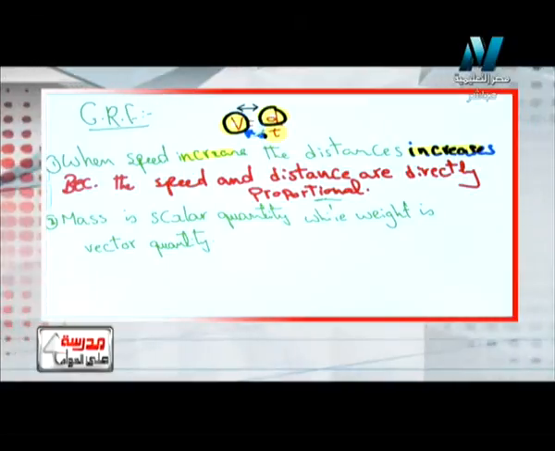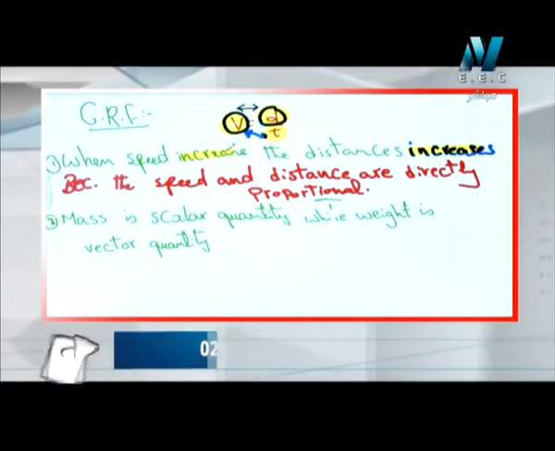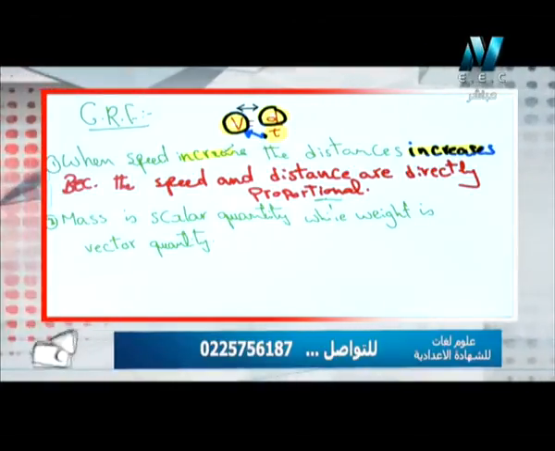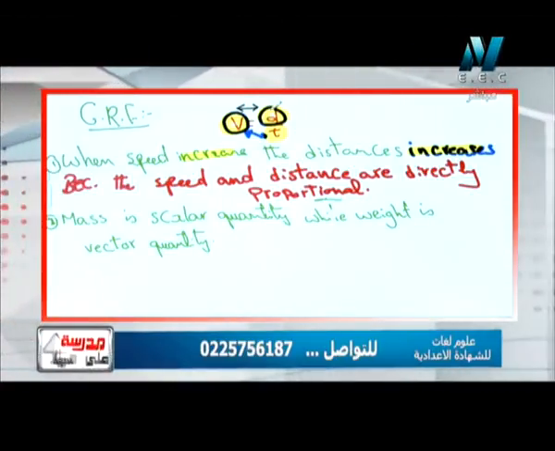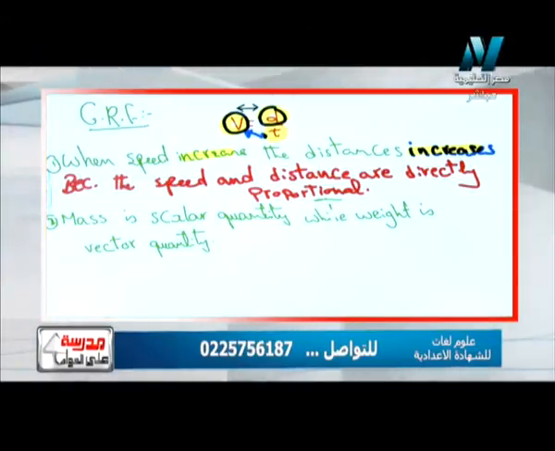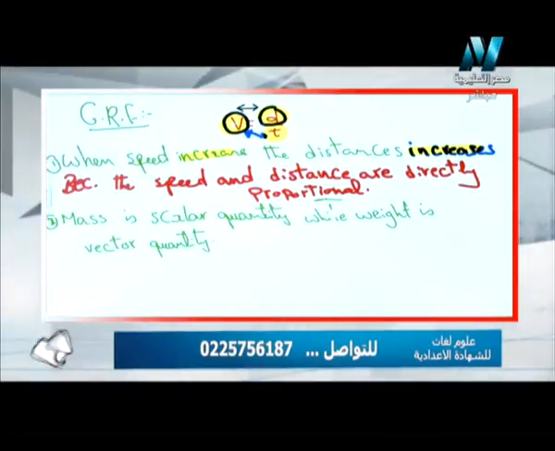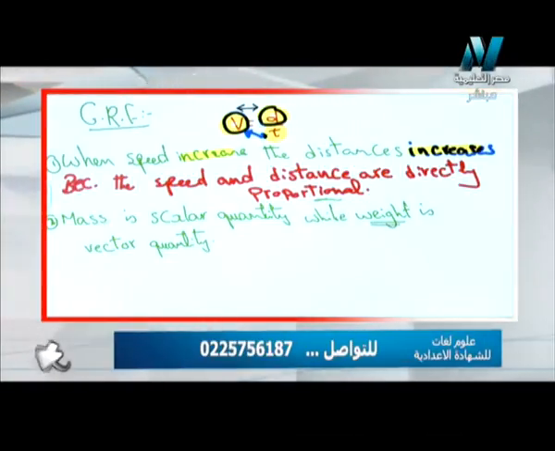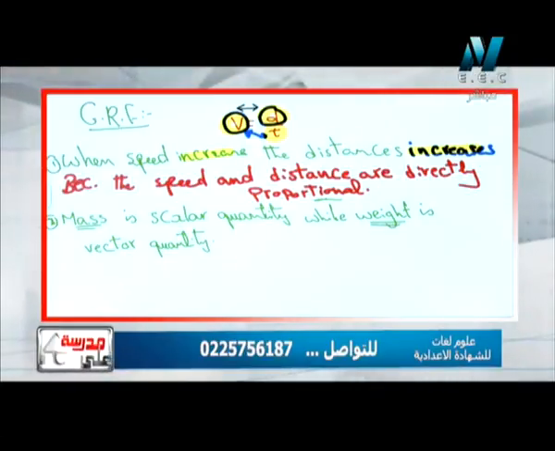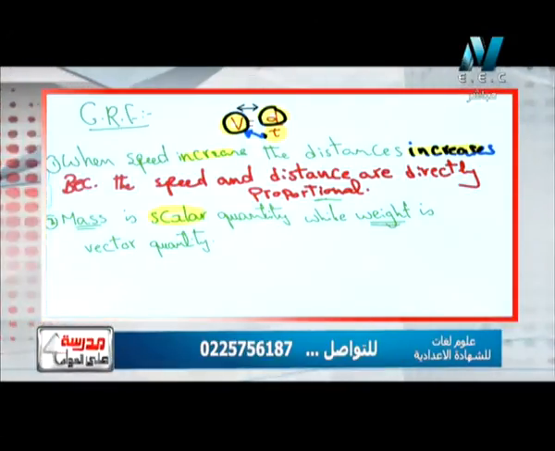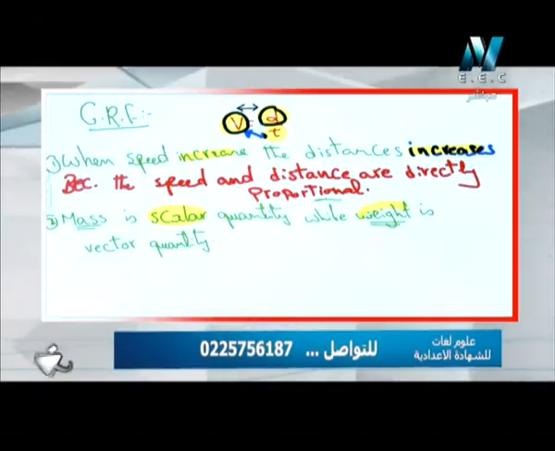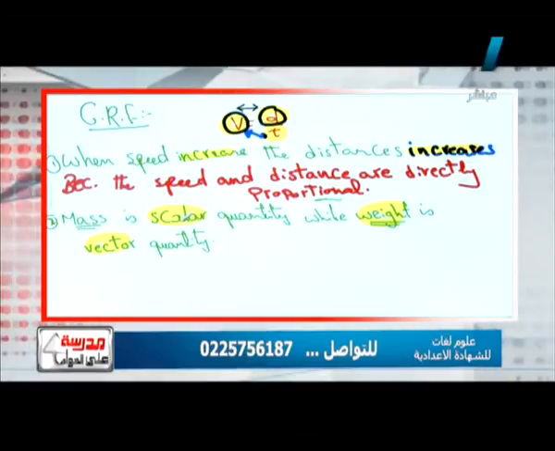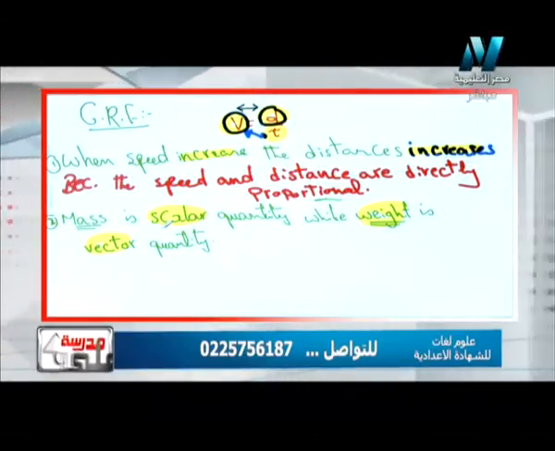The next question: mass is a scalar physical quantity, while weight is a vector quantity. One of them is a scalar and the other is a vector, weight being the force and mass being the amount of matter. So here we answer according to scalar and according to weight as vector. We can differentiate between the two quantities according to the definition. How come?